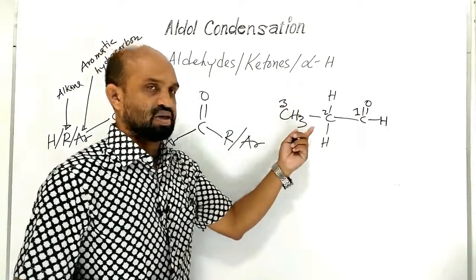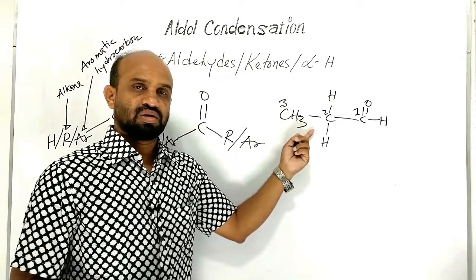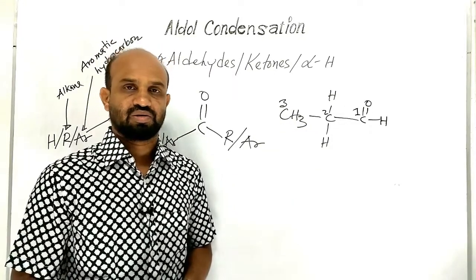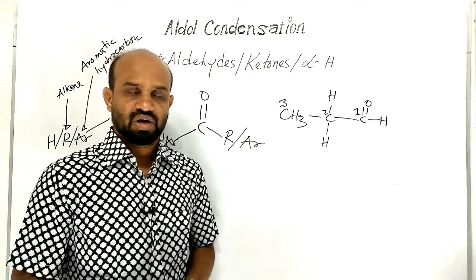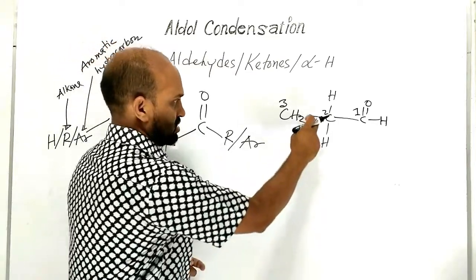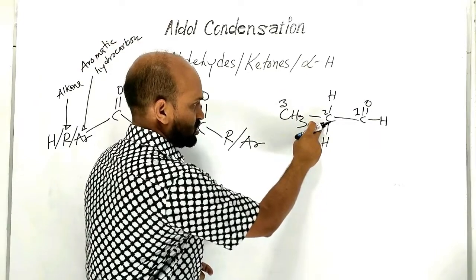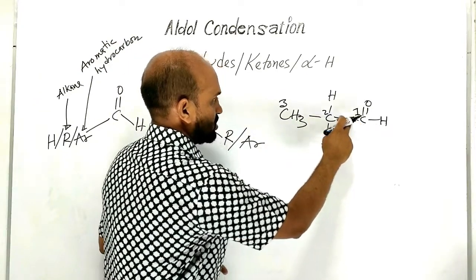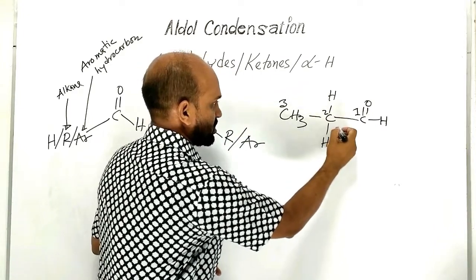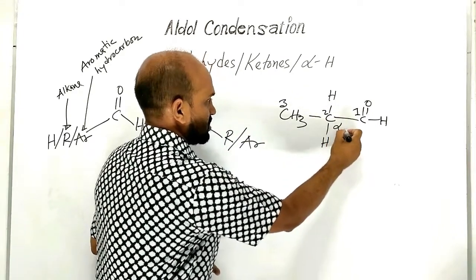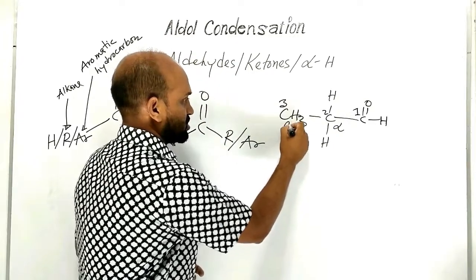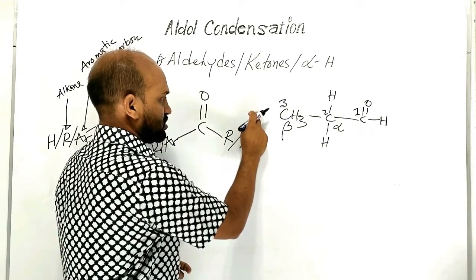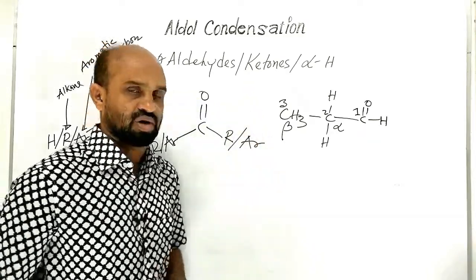But in another way the carbon atoms are numbered, that is by Greek letters, lowercase, and in this case the carbon atom which is linked to the functional group carbon is mentioned by alpha and next carbon is beta. If there was next carbon, then it would be gamma.